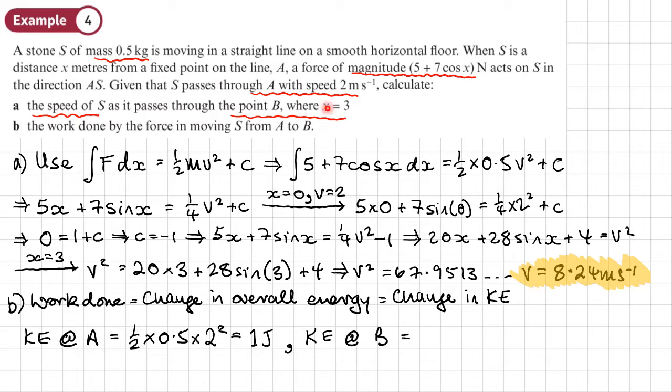Now when it's at B, we've got x equal to 3. We worked that out in the previous part. So we'll use this speed, it's half mv squared, so 0.5 v squared. And that's going to be this number here before we square rooted it. So we'll go back on our calculator to get that number back: 67.9513.